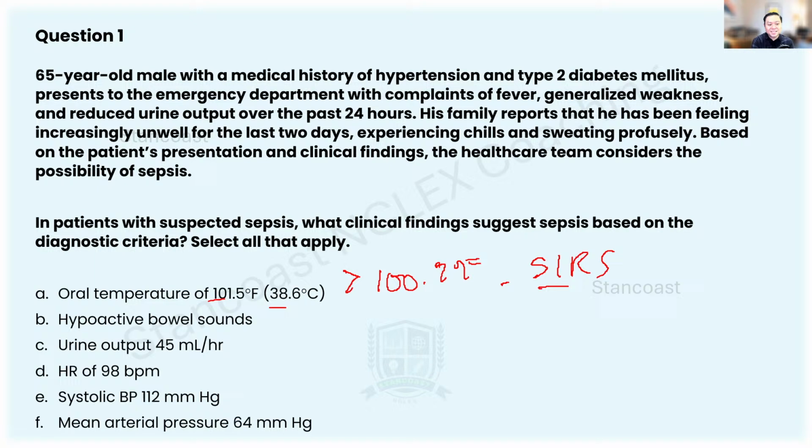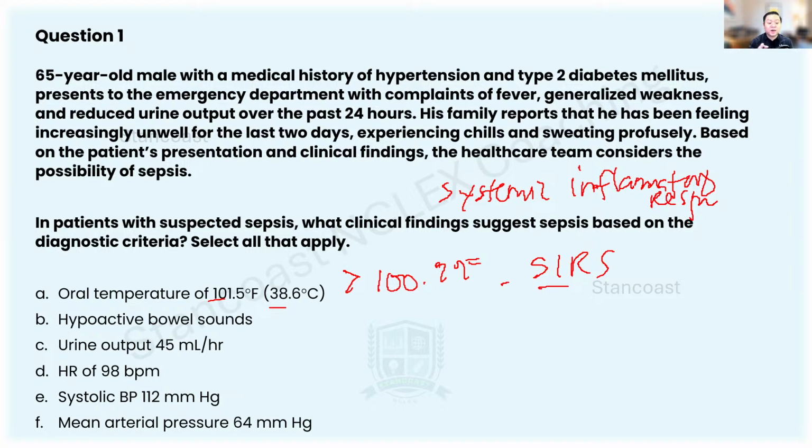SIRS, systemic inflammatory response. Right? That is one of the indicators or the criterion. So here in our patient with a sepsis, our patient will end up releasing the cytokines, right?